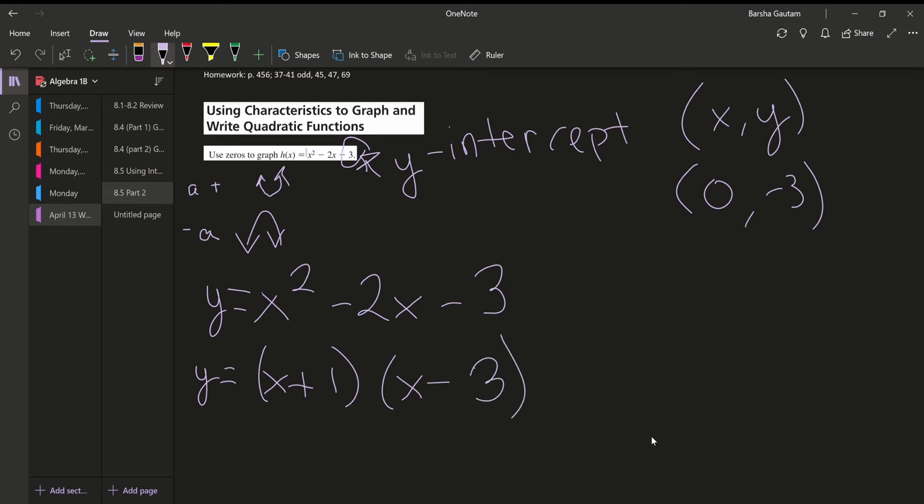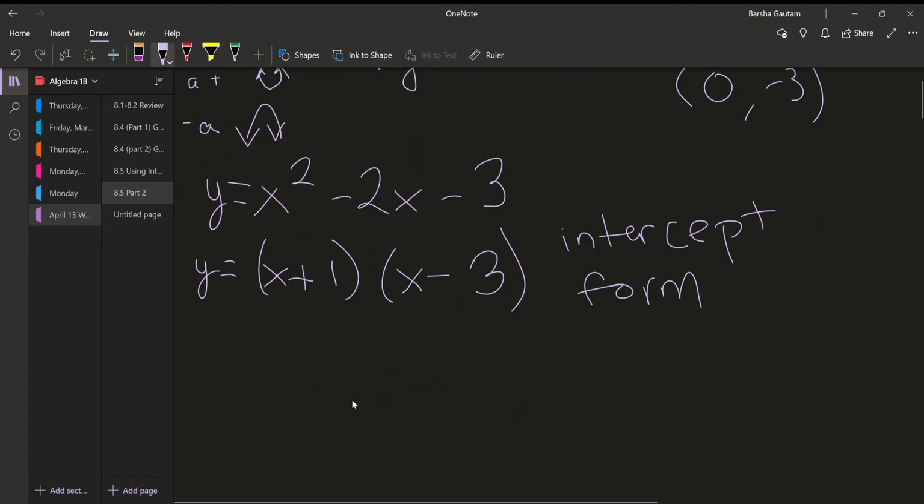Alright, so now, can we use this equation to figure out what points we can use for our graph? Well, this is an intercept form. Let me write that down right here. Intercept form. This means that we can use this to find out our x-intercepts. This time it's not the y-intercept, it's the x-intercept.